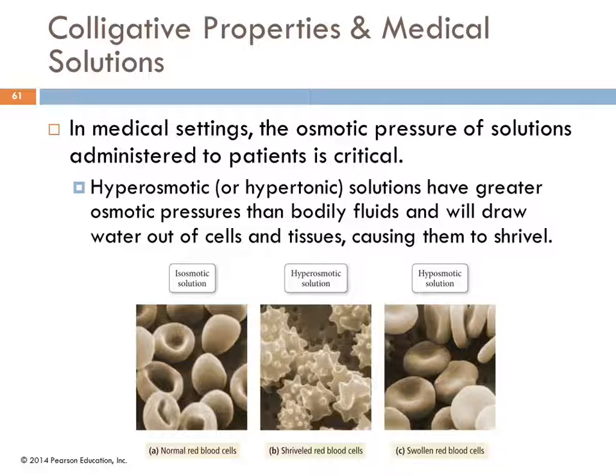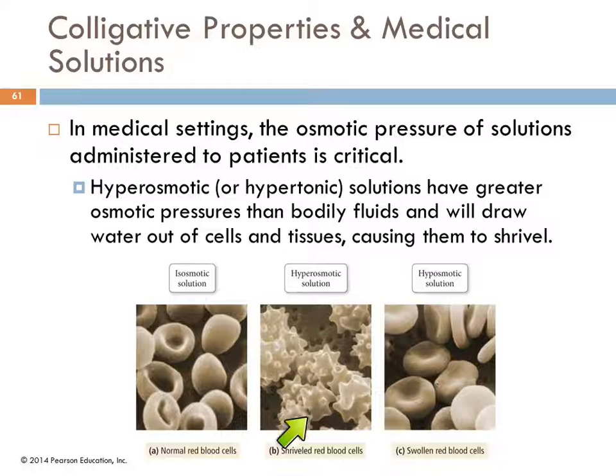Because if you put in a solution that is isoosmotic, or isotonic is the word I've heard more often, then the blood cells, which are surrounded by semi-permeable membranes, will retain their normal shapes and everything's good. If you put in something that's hyperosmotic, it's got a higher osmotic pressure, so it's going to pull water out of the red blood cells, causing them to shrivel up.